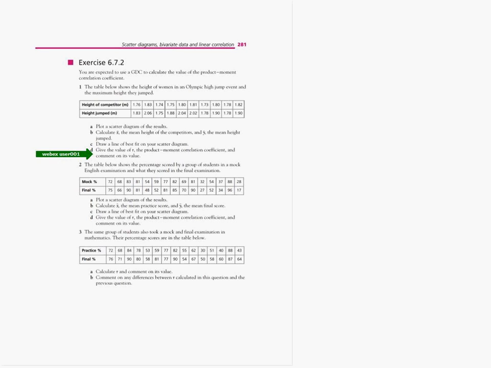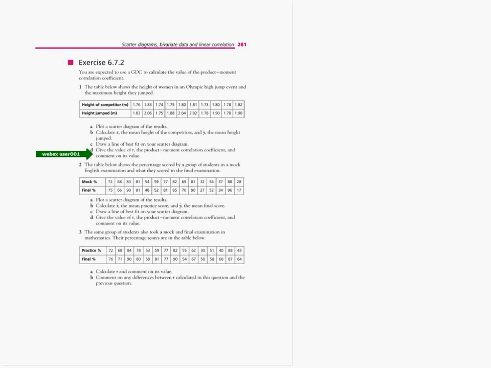So how much are you getting R as? It is 0.3.